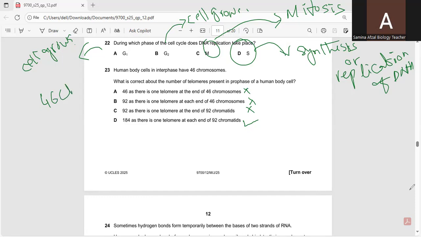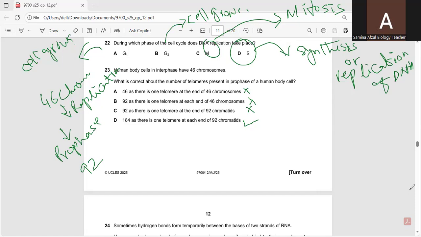46 chromosomes replicate in interphase, and in prophase there are 92 chromatids, and each has two telomeres.